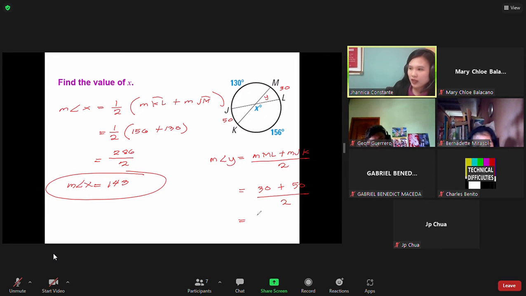So we have 80 divided by 2. So the measurement of our angle Y is equal to 40. So that's how we find the measurement of the angle inside of our circle, an angle that is being made by two chords intersecting at one point.